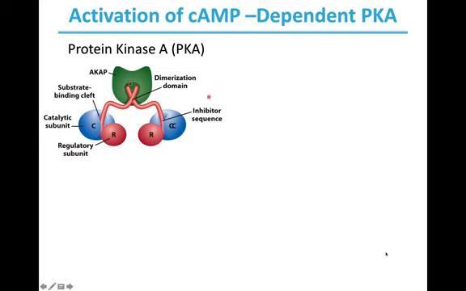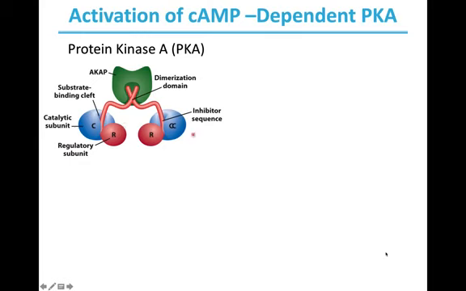Now, what happens when the cAMP concentration, or cyclic adenosine monophosphate concentration, is low? In that case, the regulatory subunits, as shown here in red, are represented as R, associate with the two identical catalytic subunits.